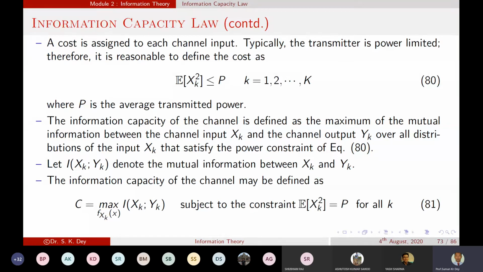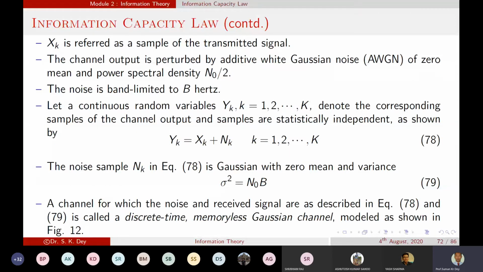Earlier we considered the band limited portion; now we are considering the power limited one. So what should be the total power? The total power will be less than or equal to P.